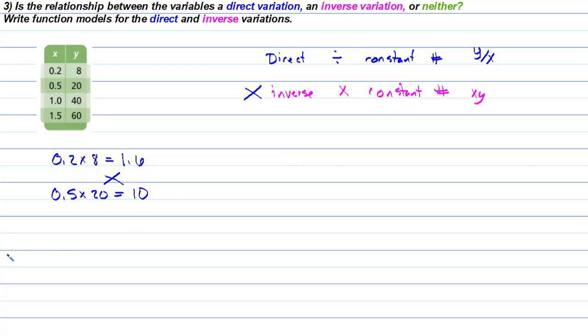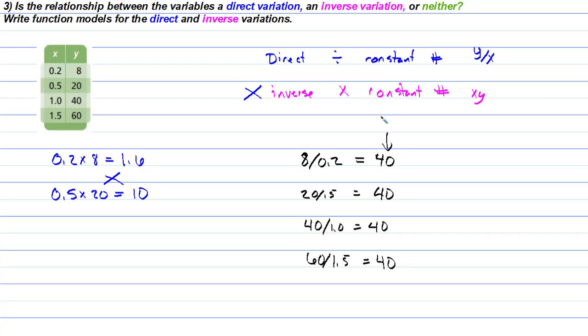Now let's check out direct. I take my y, 8 divided by 2/10. 8 divided by 2 is 4, and move the decimal place, that's 40. 20 divided by 5/10 is 40. 60 divided by 1.5 gives me 40.